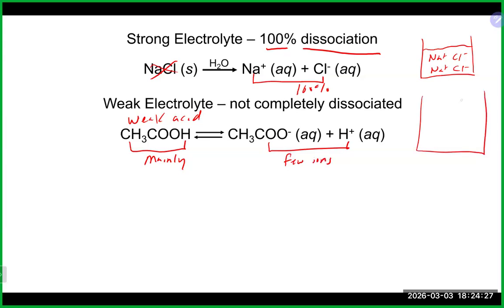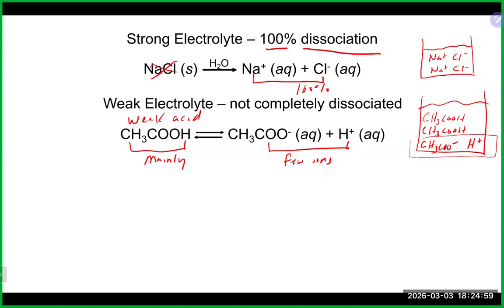So if you looked at a beaker of that, you're going to mainly have your acetic acid stuck together, but you will have a few acetate ions and some H pluses floating around. Because it's still able to conduct a little bit of ions in that solution, it's still able to conduct electricity. It would not conduct anywhere near like a strong electrolyte would, but it still has that ability.